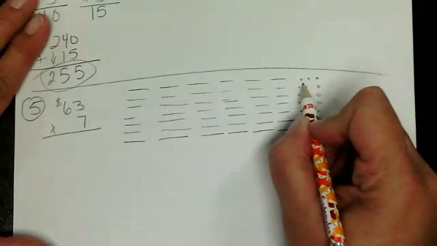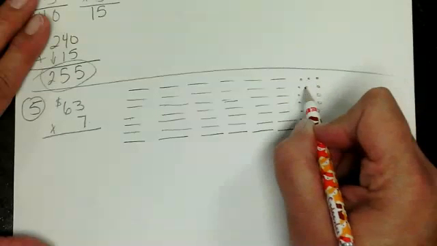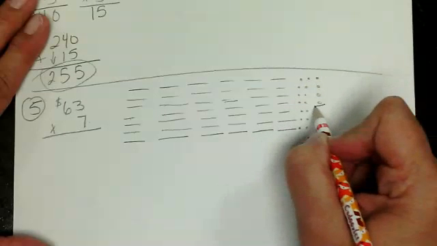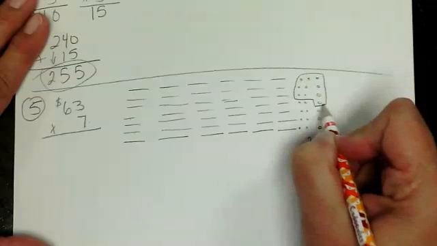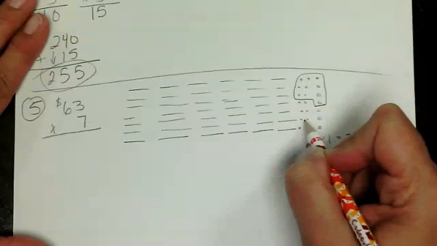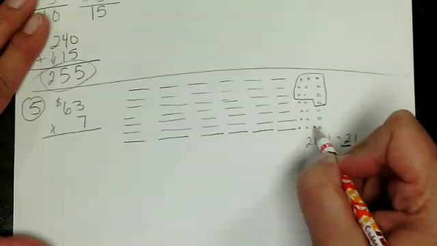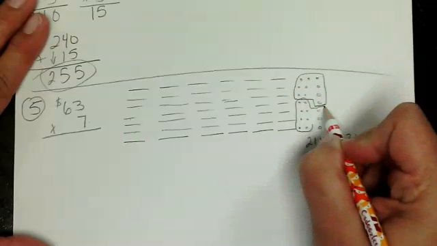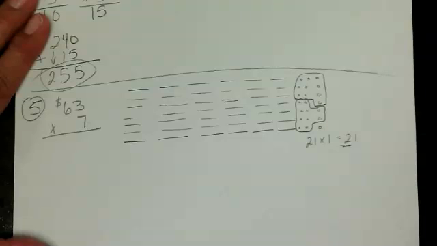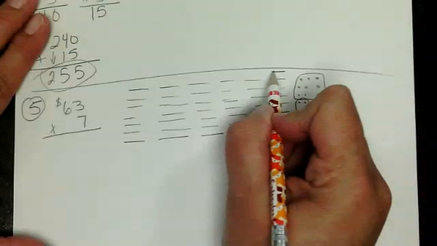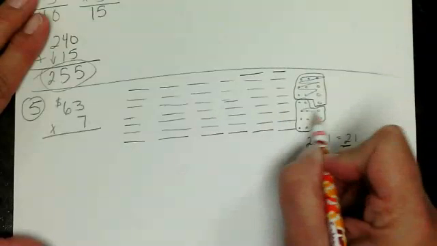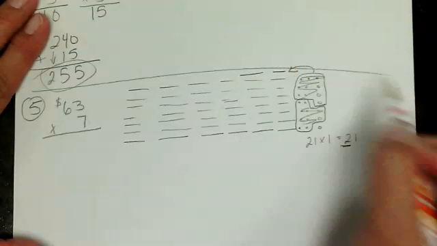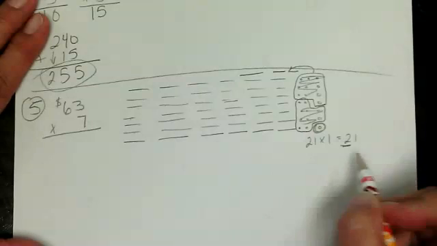So let's do that. 1, 2, 3, 4, 5, 6, 7, 8, 9, 10. 1, 2, 3, 4, 5, 6, 7, 8, 9, 10. All right, 2 groups of 10, which means I need 2 more 10 longs over here, which leaves me 1 left.